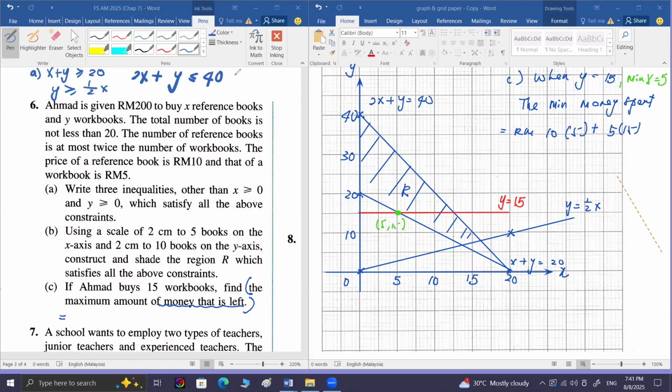Look at the third inequality that you got just now. So the minimum money that's spent is 125. You are given 200 ringgit, so the money that is left is 200 ringgit minus 125 ringgit. So the maximum money that is left is 75 ringgit. Okay, class? Can you understand that? Okay, nice.